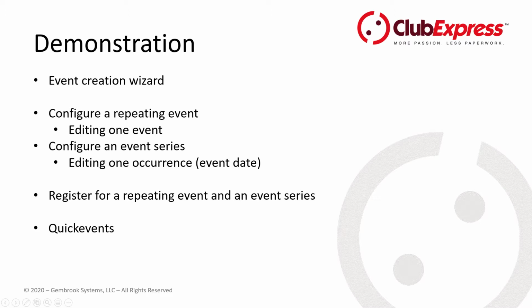We'll configure a repeating event, and we'll go through what it's like to edit one event out of those repeating events, and we'll configure an event series, and we'll edit an occurrence because within the event series, you can still edit individual occurrences within that series. So for example, if you need to change the date or time of one of those occurrences, you have the ability to do that. We'll register for a repeating event and an event series, and we'll talk about QuickEvents.